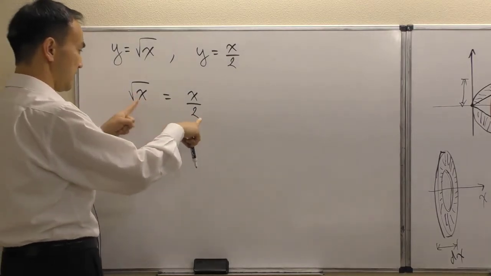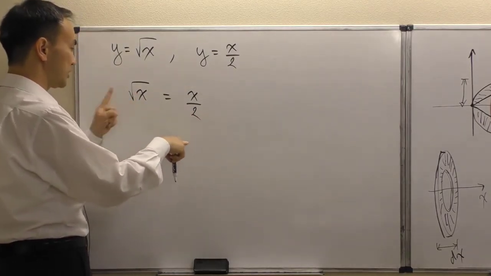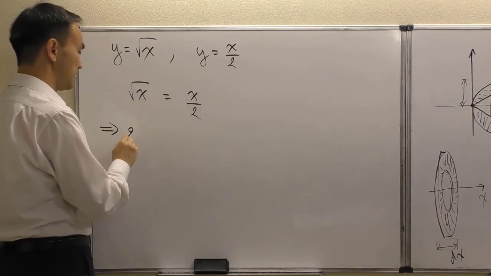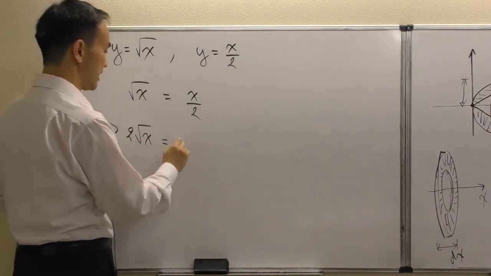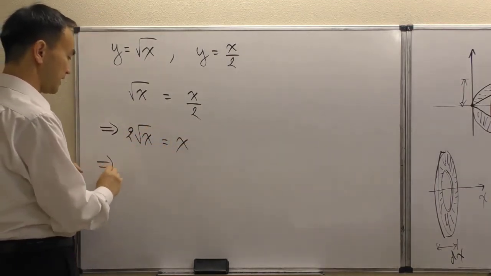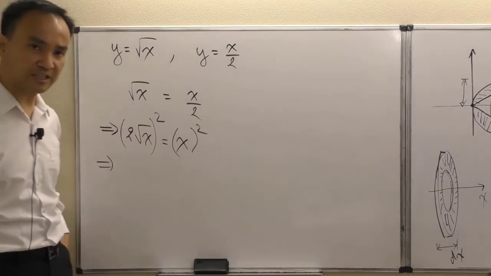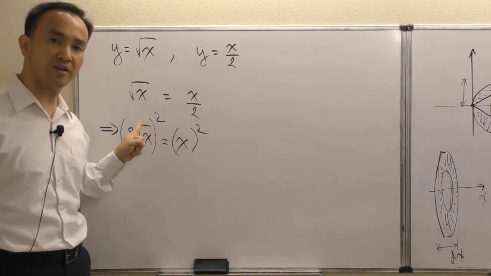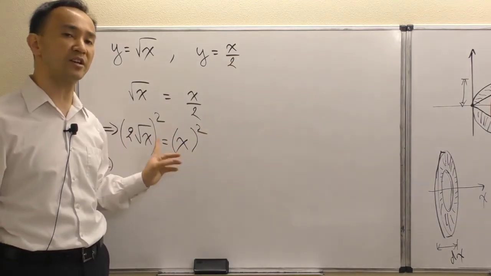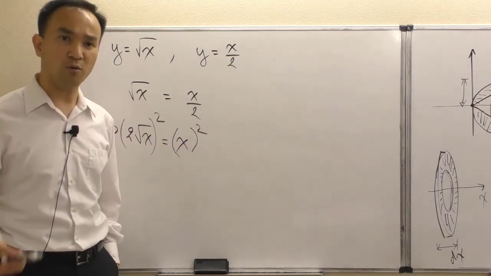So I'm going to multiply 2 to both sides, leaving me 2 square root of x equals x. Then in the next step, I can square both sides of my equation. That's a famous algebra step to get rid of the square root. Anytime we're solving an equation that involves a square root, we can always square both sides.